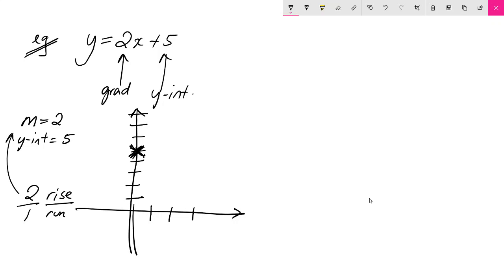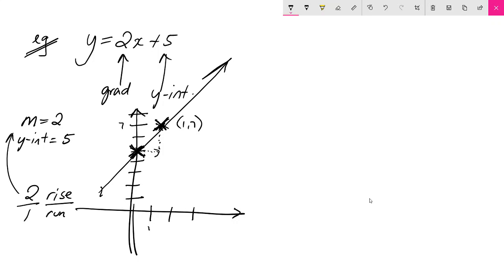So we go across 1 and then up 2. And that gives us our second point here at the point 1, 7. Now, in order to draw the line for that equation, all we have to do is join those two dots together.